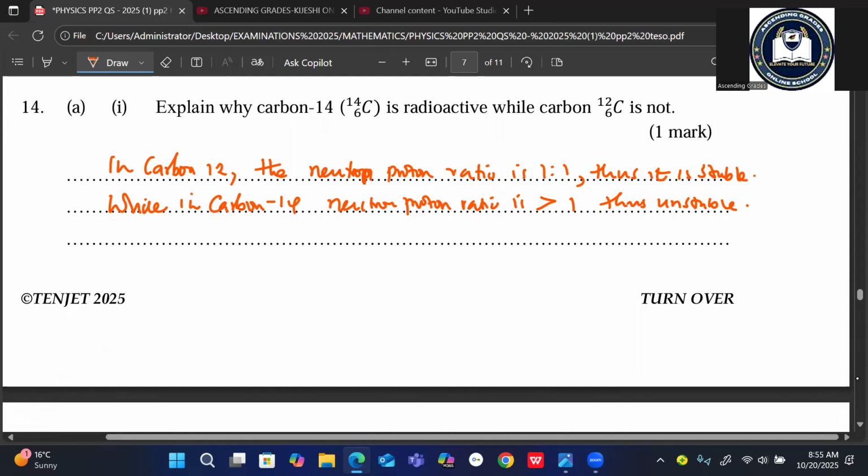Sorry, I was supposed to write 1, just a single one. But it becomes unstable. So if the ratio of the contents in the nucleus of a material is more than 1, then it means that it is unstable. So there is a likelihood and greater chances of radioactivity taking place inside this nucleus.